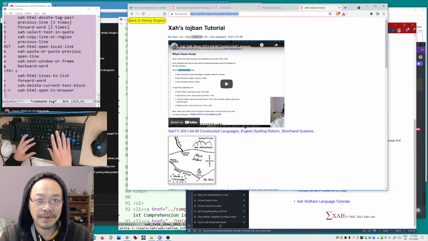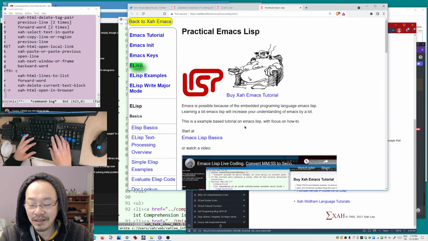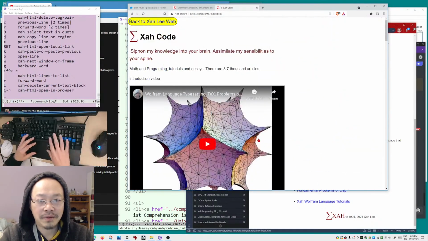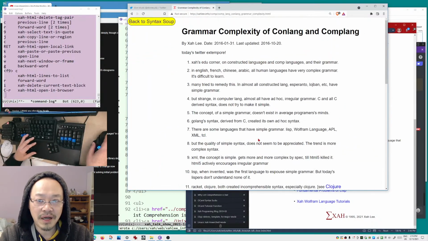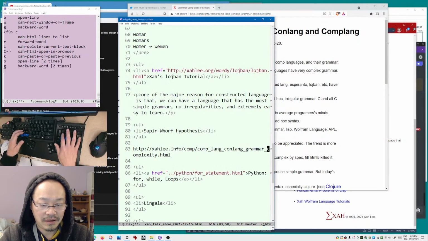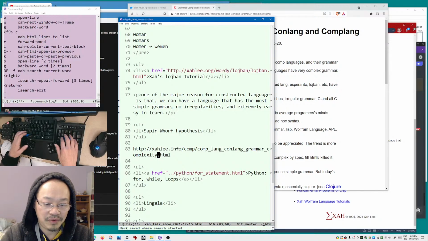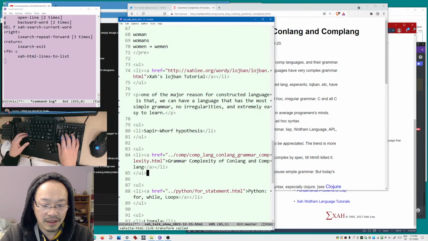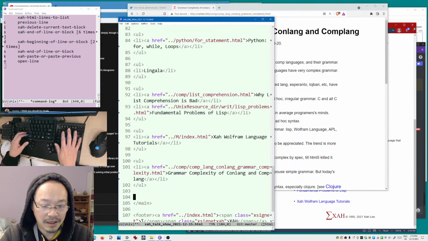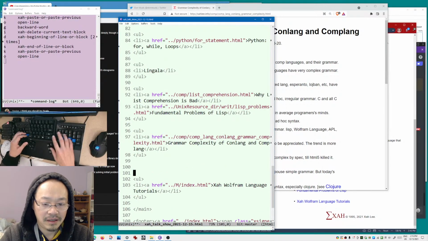So SAS Lojban tutorial, we have that. Practical Emacs Lisp, close that. What is this Saudi website? Close it. Grammar complexity, so copy that, paste it here. Do we have the link already? We don't. So okay, that is the main topic of today.